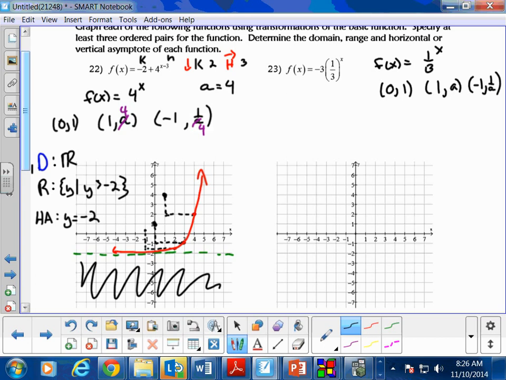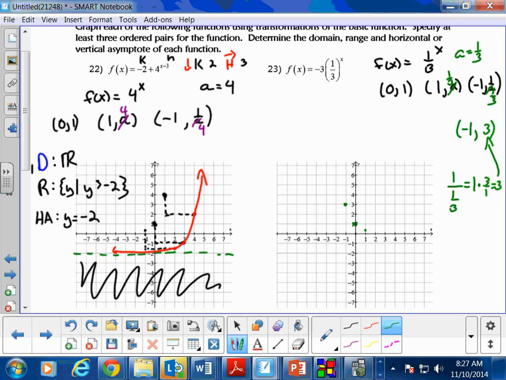Knowing that a is equal to 1/3 means that this is 1/3 and this is 3, because remember the reciprocal is really 3. You might be saying how, but 1 divided by 1/3 is really 1 times 3 over 1, which is 3. And that's how we get that number there. So here are my 3 points. Let's go ahead and plot those original ones from the original function: (0, 1), (1, 1/3), and (-1, 3).